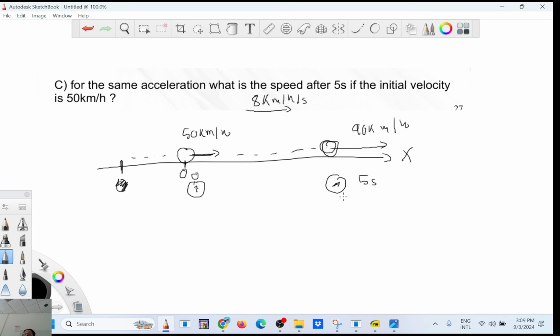Now, if you do not understand, think money. If you're making $8 an hour, if you work for 5 hours, how much are you going to make? 40. But imagine your boss is so nice that just to show up, that boss gives you $50, right?